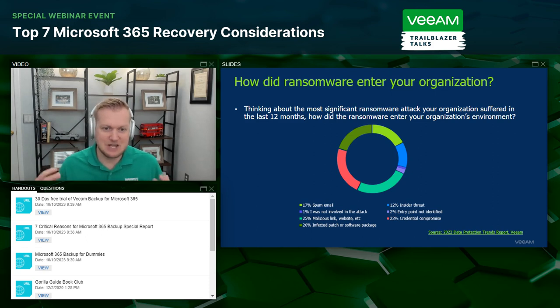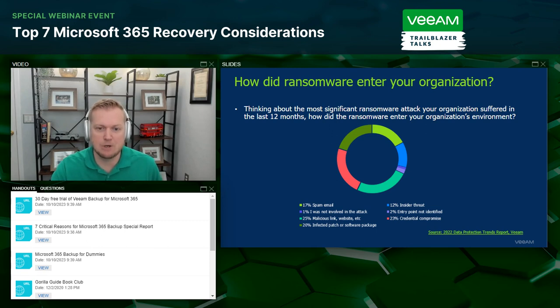So it's this attack via email, most likely through Outlook or through channels like Teams. This is happening more and more. And I think we're probably going to see that 17% via email begin to take up a much larger portion of this pie as we go through.